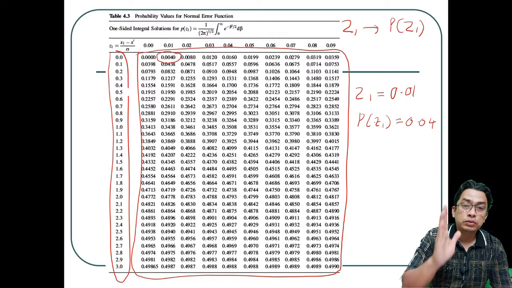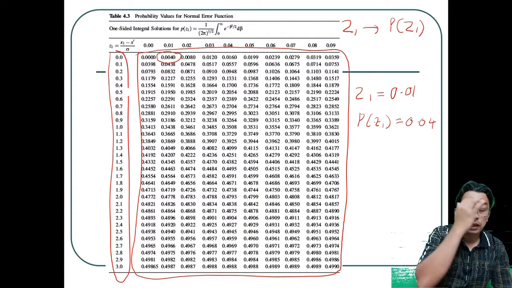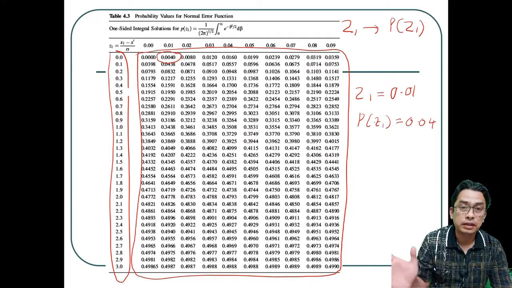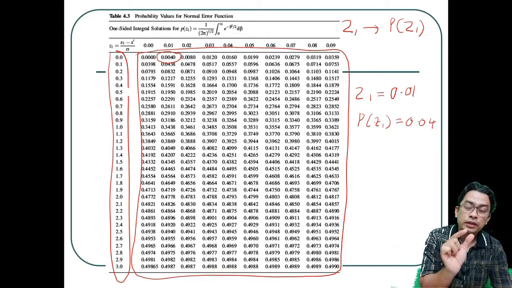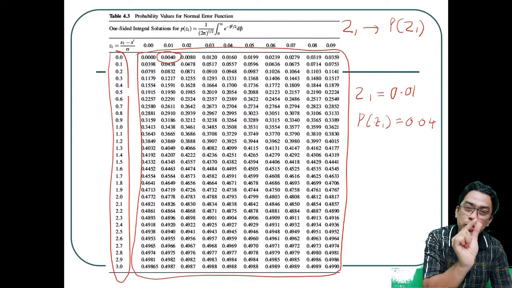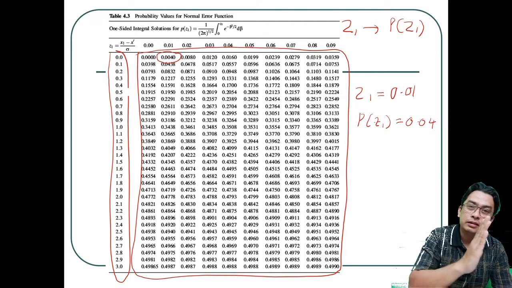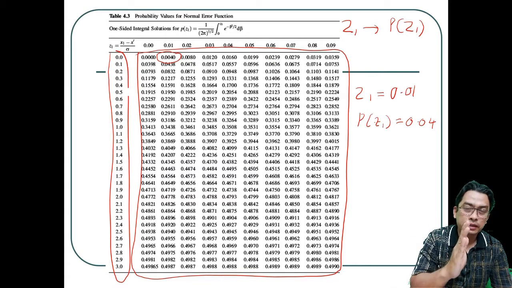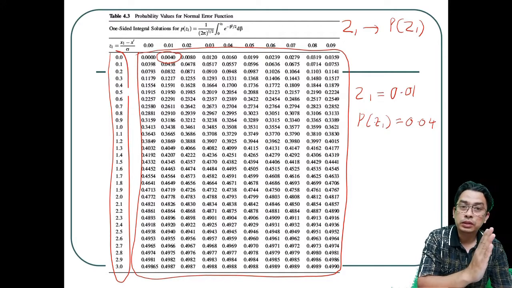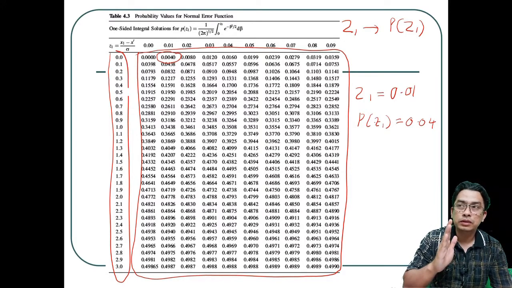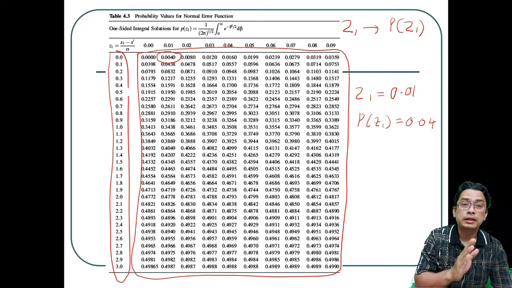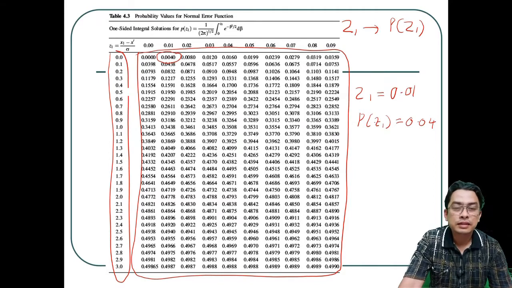So it will move about 0.04 to the left side and right side. So 0.04 is just small. If we talk about left and right, it has 0.08, because 0.04 to the right side and 0.04 to the left side. So in total we have 0.08, or 8% of the area in the bell curve.